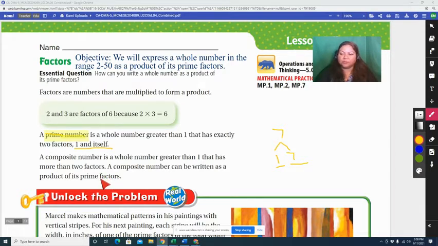You can write it by multiplying its prime factors. Like you can break it out. So that's what we're going to be looking at today. And 2 times 3 equals 6. 6 is a composite number because the factors of 6 are 1, 2, 3, and 6. So it has 4 factors. I mean, it's a composite number.